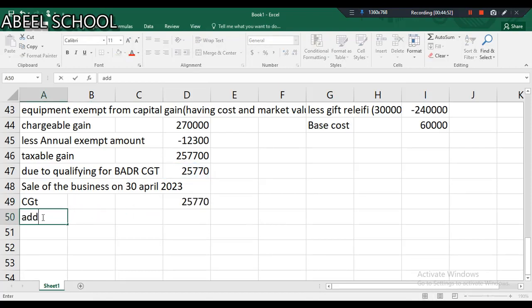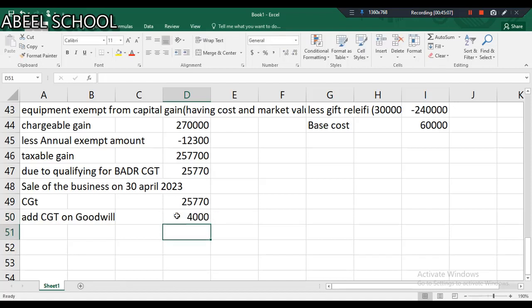Simply will add CGT on goodwill. The amount of the goodwill is obviously 40,000, that is the capital gain, 10% of this. So total CGT will be 29,770.